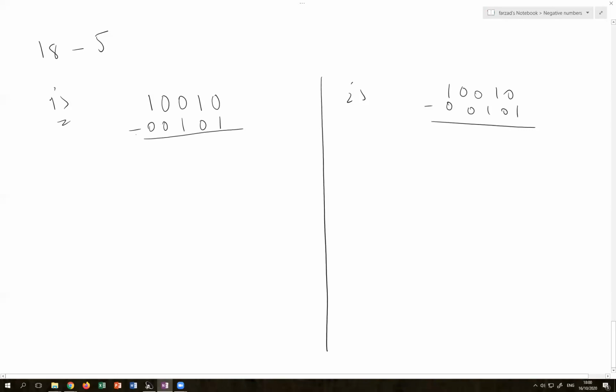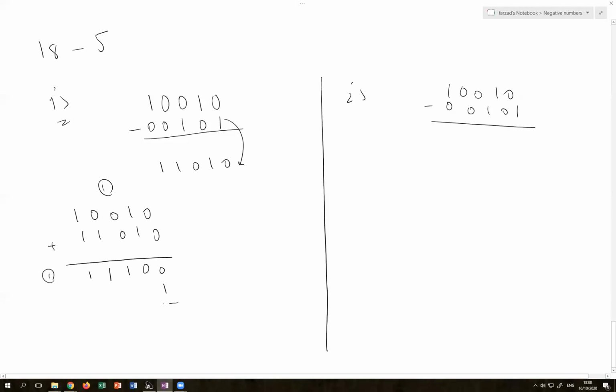In ones complement, what we do, we flip the bits. So it becomes 1, 1, 0, 1, 0. Then add them. 1, 0, 0, 1, 0 plus 1, 1, 0, 1, 0. We've got to add them. 0, 0, 0, 1, 1, 0, carry 1. 1, 0, 0, 1. Carry, we don't have any carry. 1, 0, 1, 1, 1, 1, we have carry.